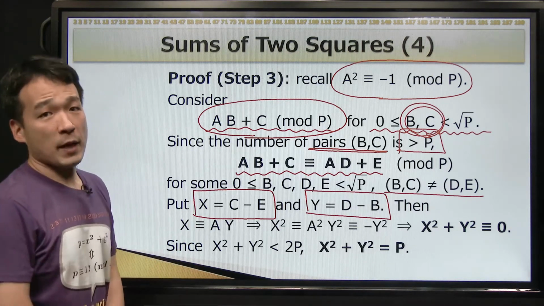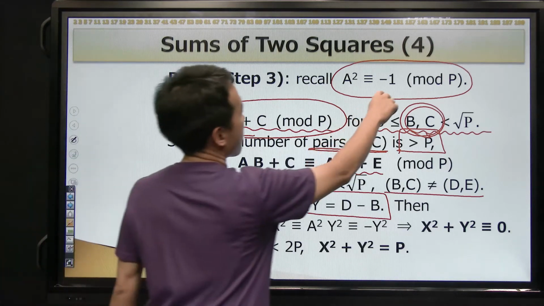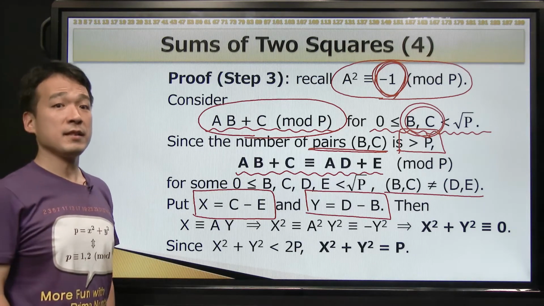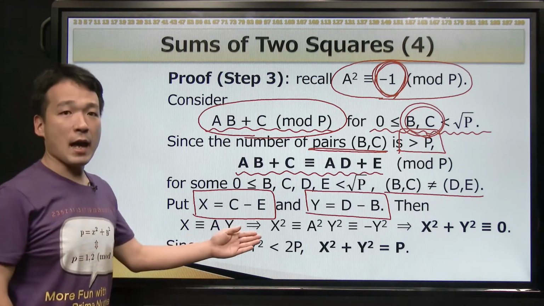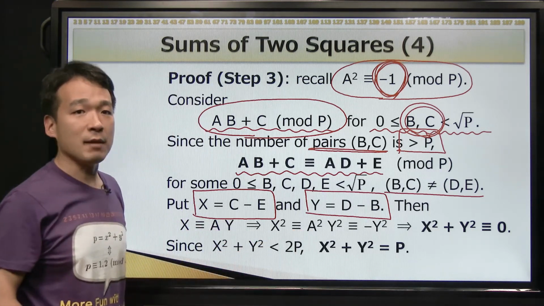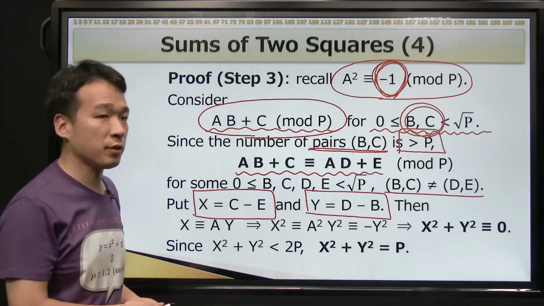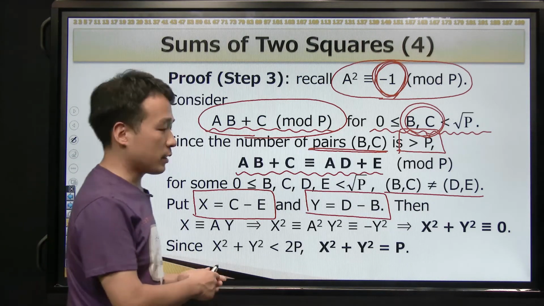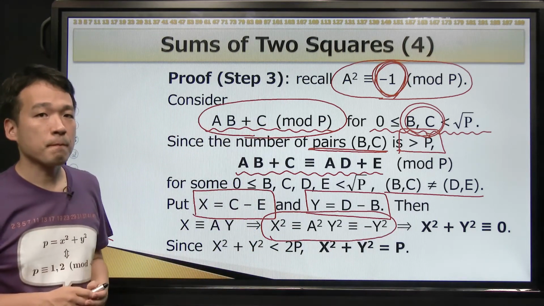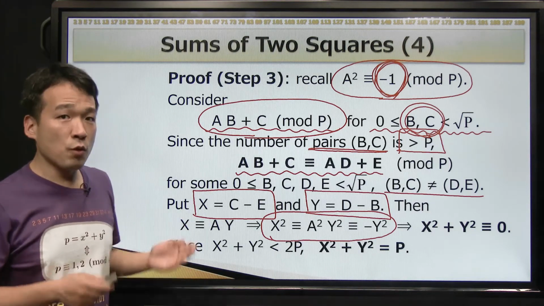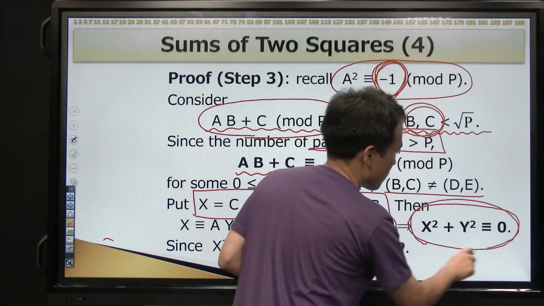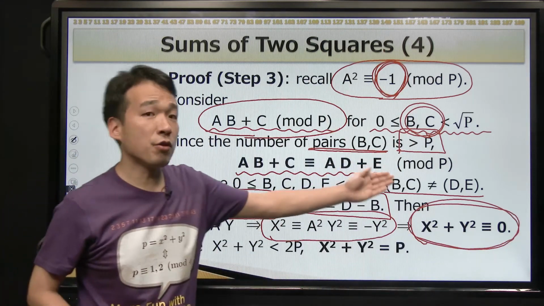Since the square of a is congruent to -1, this implies the square of x is congruent to the square of a times the square of y, which is congruent to the minus of the square of y. Therefore, the square of x plus the square of y is congruent to 0.